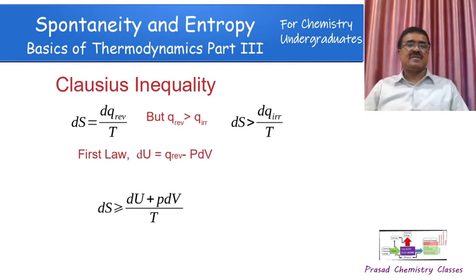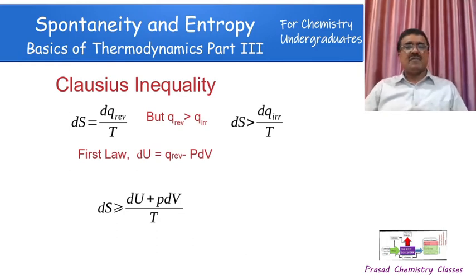So for an irreversible or spontaneous process, as far as the system is concerned, dS will be greater than dq irreversible by T. We can combine these two together. That is the statement of the second law, sometimes called Clausius inequality.